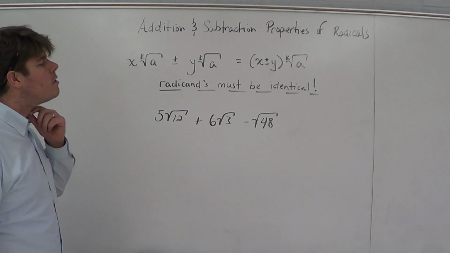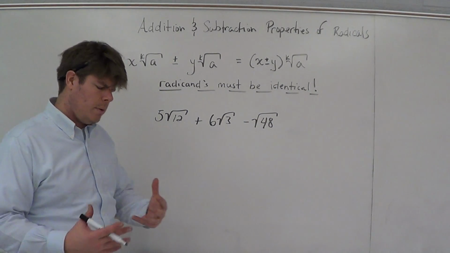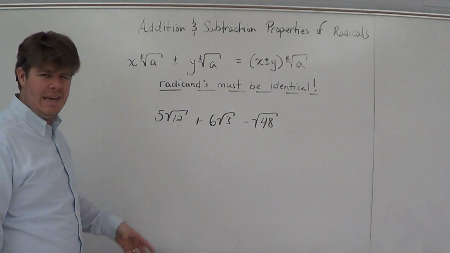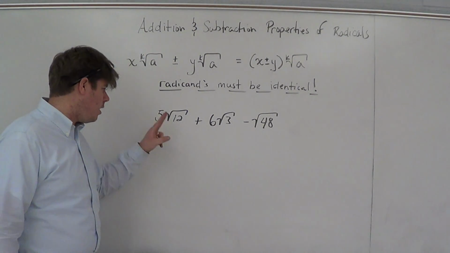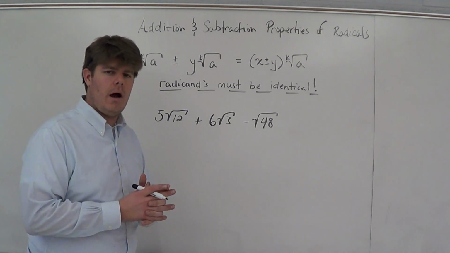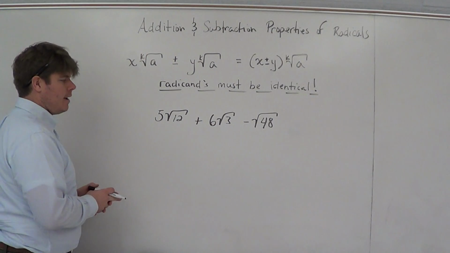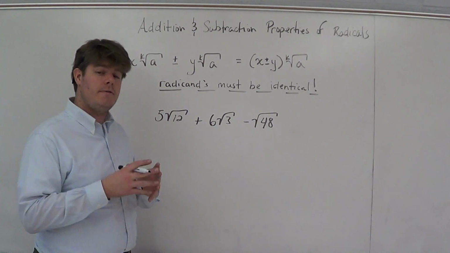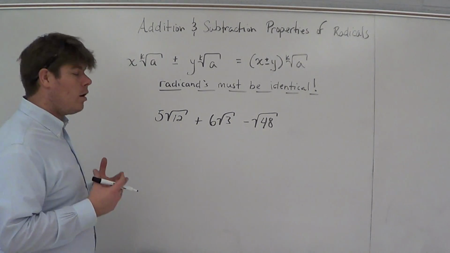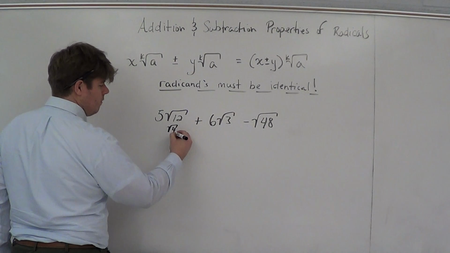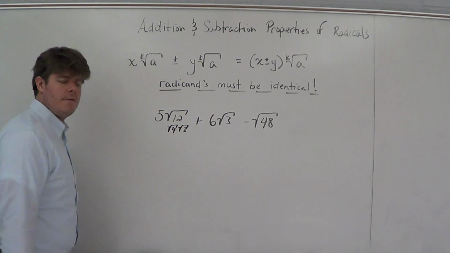Well, remember in my previous videos on multiplication, I was saying that you must leave it in simplest form, meaning that if there is a factor of this number that is a square number, I must remove it from that problem. So what I want to check is, are there any factors of 12 that are square numbers? The factor of 12 that is a square number in this case is 4. So this is really the square root of 4 times the square root of 3.